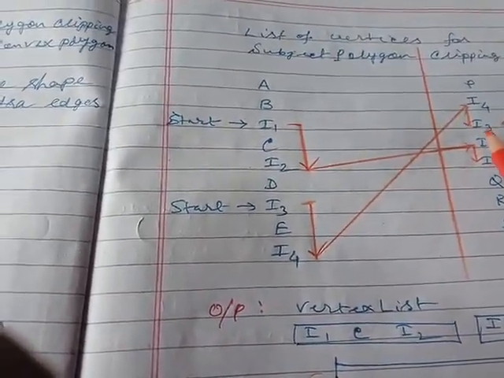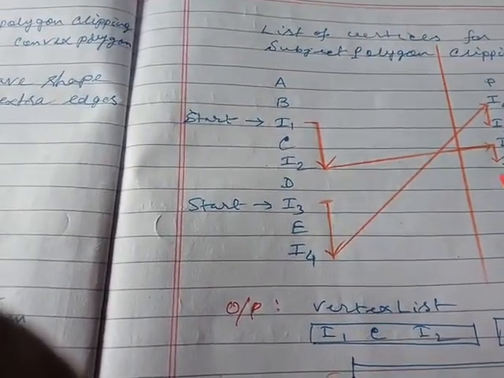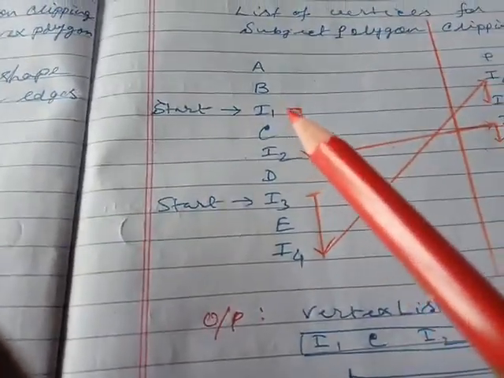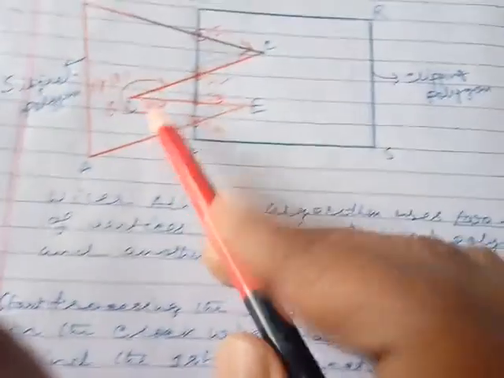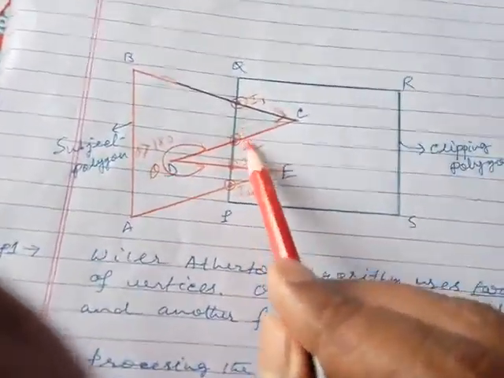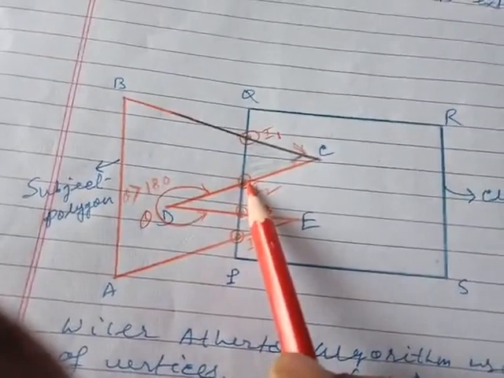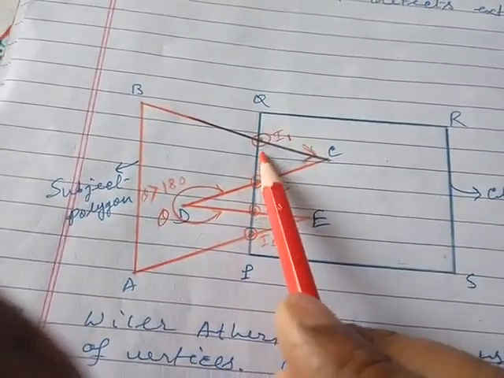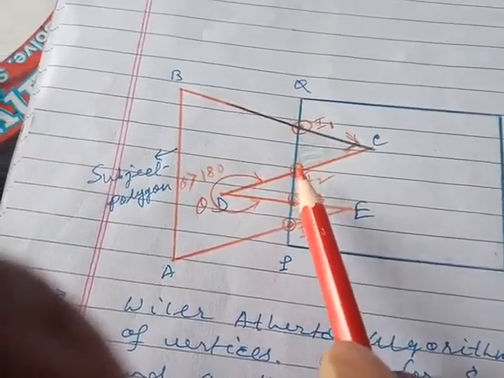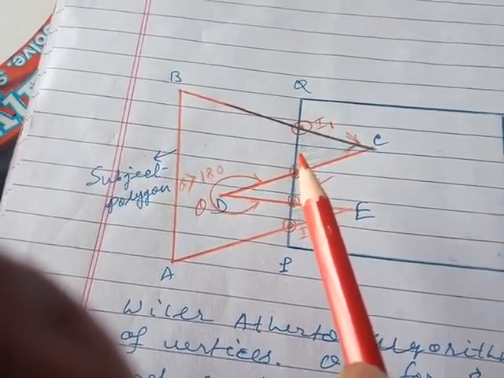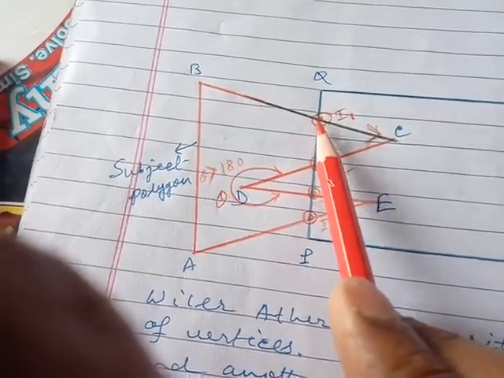So from I2 we will follow the edges of the clipping polygon, and we will go on storing the vertices until we get the previous intersecting vertex of the subject polygon.